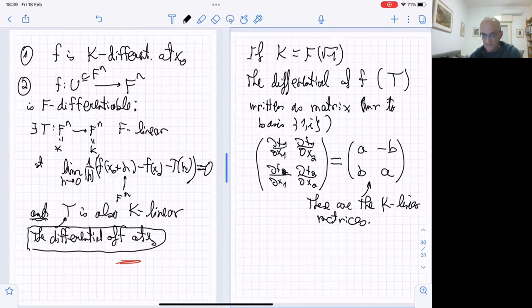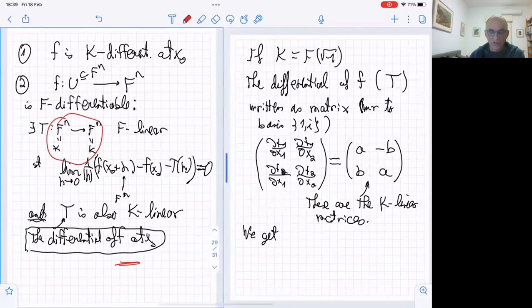Okay, so we get, now not to be confused with a stronger statement that says that partial derivatives exist and they satisfy the Cauchy-Riemann equations. To say that the map is differentiable in the sense of F^n is stronger than saying that the partial derivatives exist. And there we usually need continuity of the derivatives.